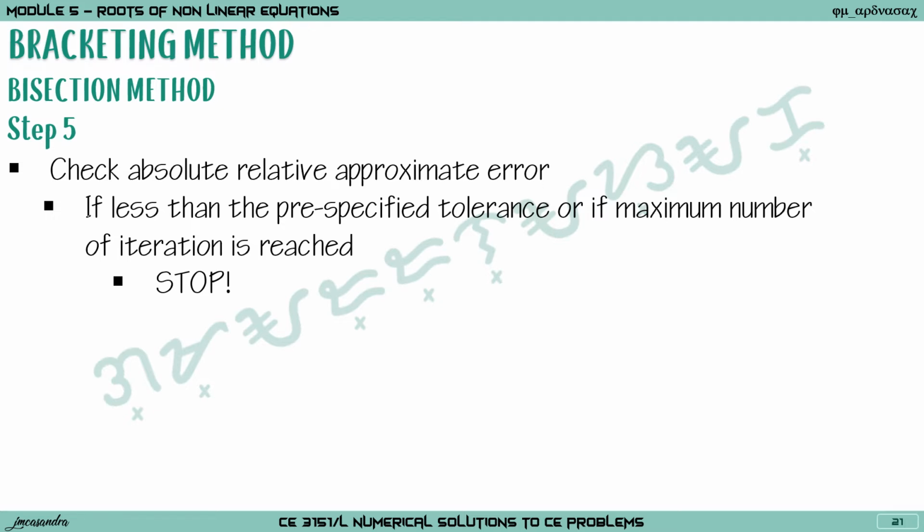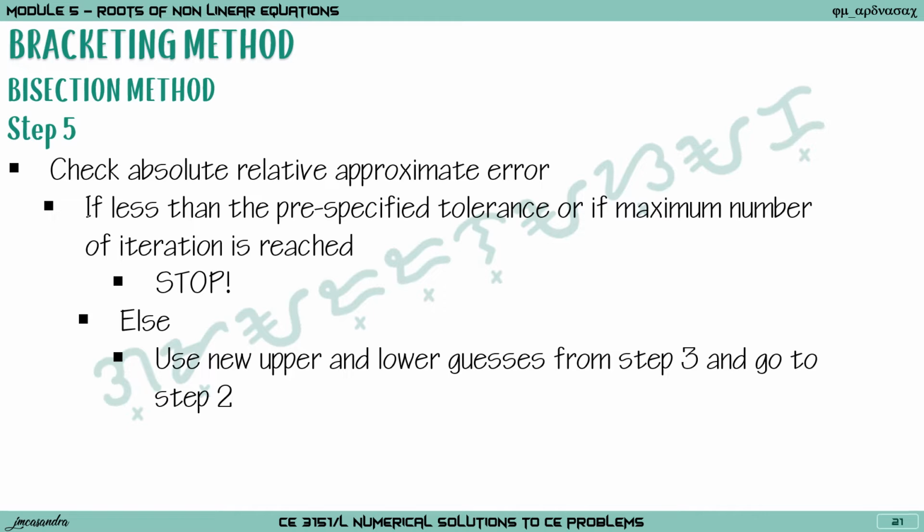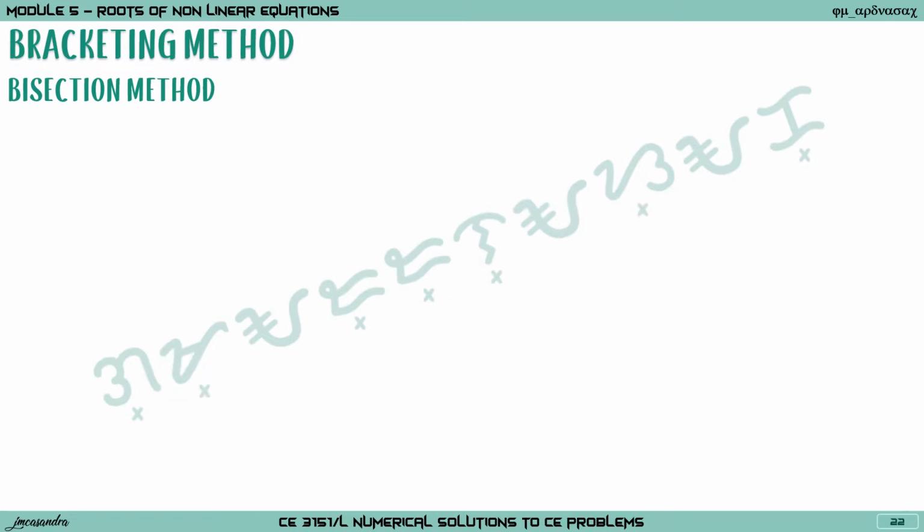Or if the product of the functions of XL and XR is equal to 0, then we also stop with our iterations. If this is not the case, then we have to repeat our procedures using the new upper and lower guesses that we have taken from step 3 and repeat again with step number 2.